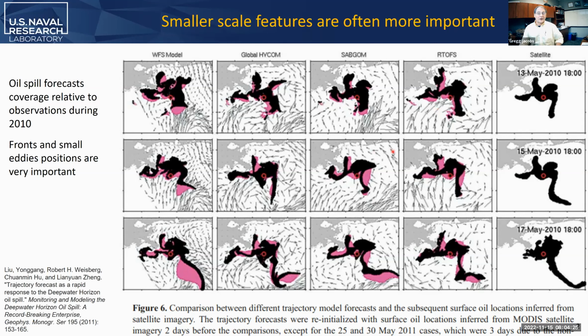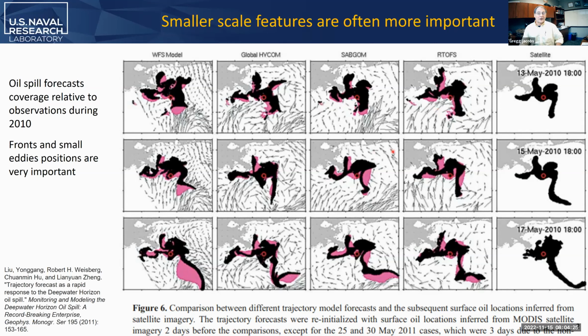This is an animation of just over 1,000 surface GPS drifters that were deployed around the Deepwater Horizon site. The tails on these are about 24 hours, and the background image is the surface currents and surface temperature from a 1 kilometer resolution model. You can see the general structure of the flow corresponds reasonably well to the observations.